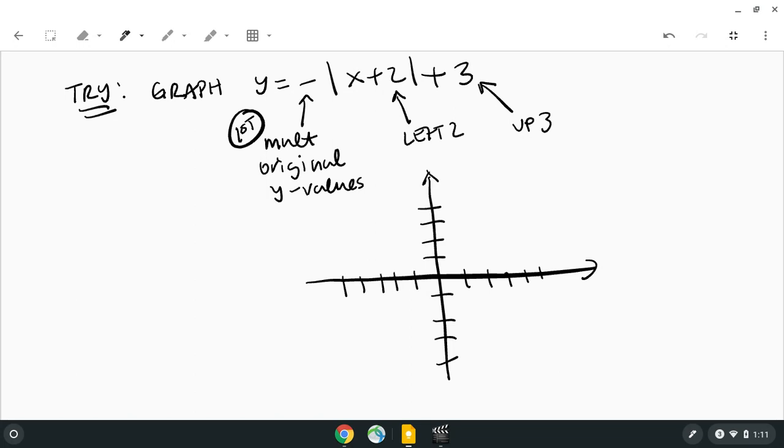So the original graph, I'll do it in red. Original graph is absolute value, which is the V shape: 0, 0, 1, 1, negative 1, 1. I'm going to multiply the original y values by -1, and I'll plot those in green. This has a y value of 1. 1 times -1 is -1.